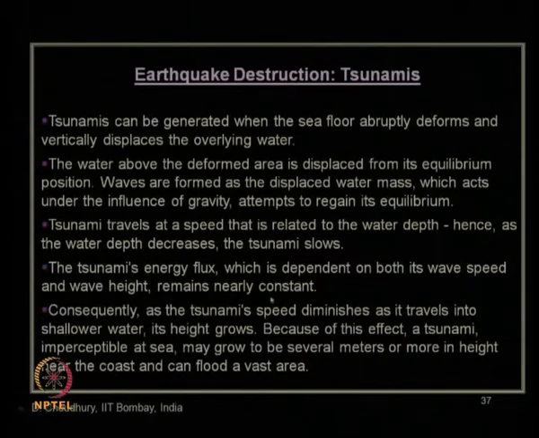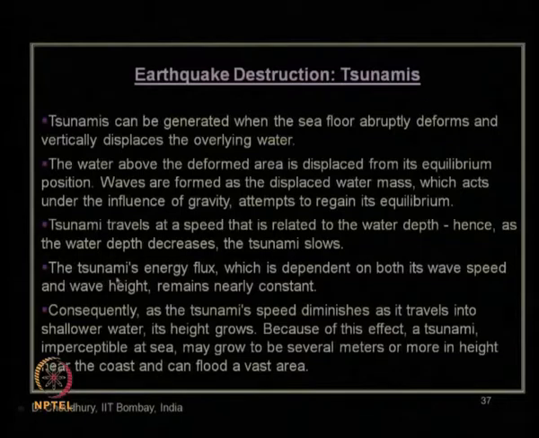So, once the energy flux remains constant in the deep sea, where the tsunami is generated due to the abrupt deformation of the sea floor in the vertical direction, that creates a very high speed of the tsunami, but very little wave height, to maintain a particular value of energy flux.